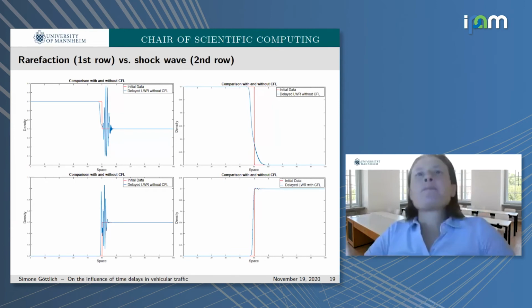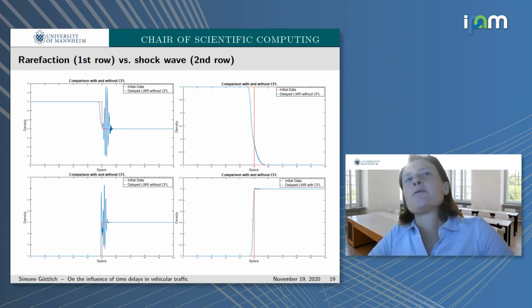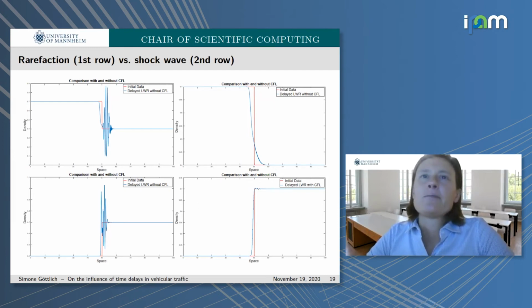To give you an impression of what would happen if we don't work with this CFL condition, we again consider the rarefaction and the shock wave. In the first row, you see the rarefaction, and in blue you see the delayed LWR model without the new CFL condition, so with the classical one.